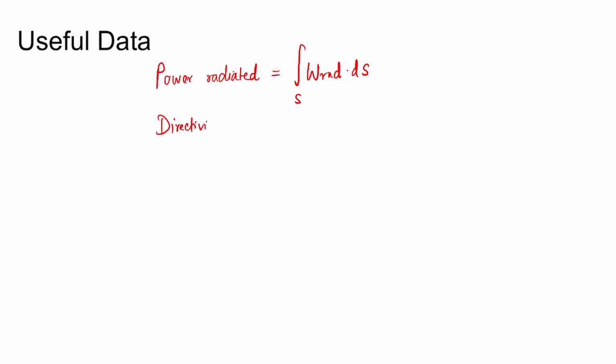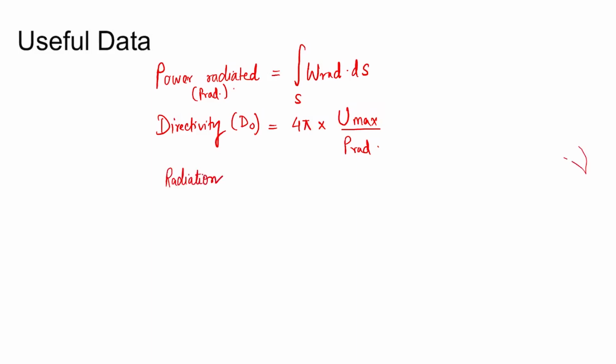Also, directivity D0 can be defined as 4 pi times the maximum radiation intensity divided by the power radiated, P_rad.